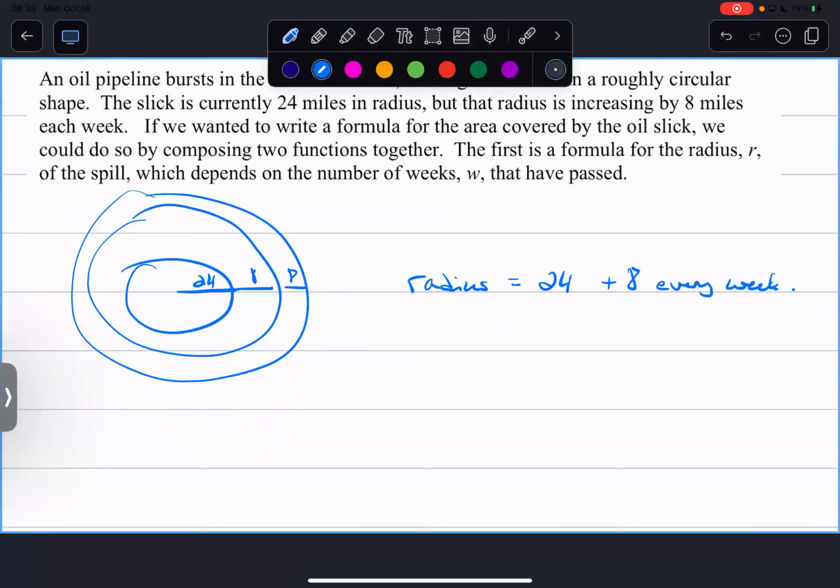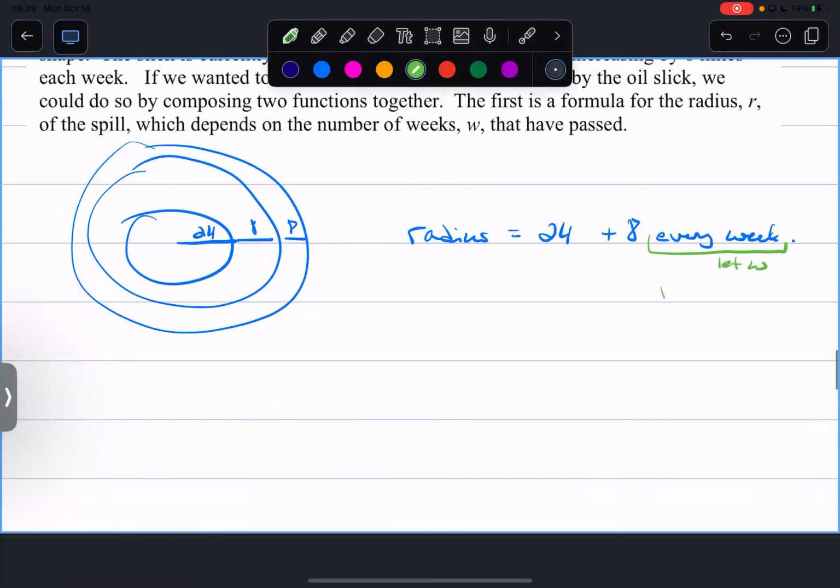If I used W, let W denote a week, right? Week 1, week 2, week 3, week 4. Then what do I have? Then I have the radius as a function of the weeks.